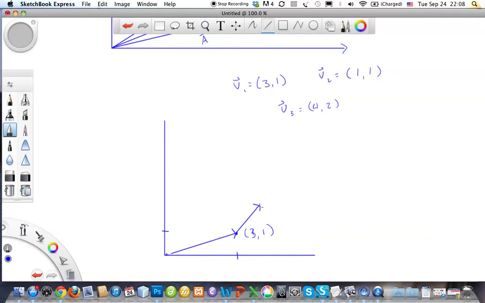We know the slope is 1, 1 here, so we go up 1 over 1. So our resultant is going to be 4 comma 2, which makes sense, because now when we draw our resultant vector, we get 4 comma 2 for our vector 3. And that's how you add vectors visually.